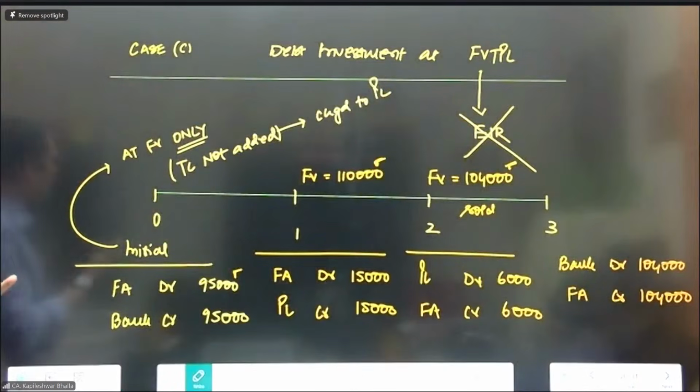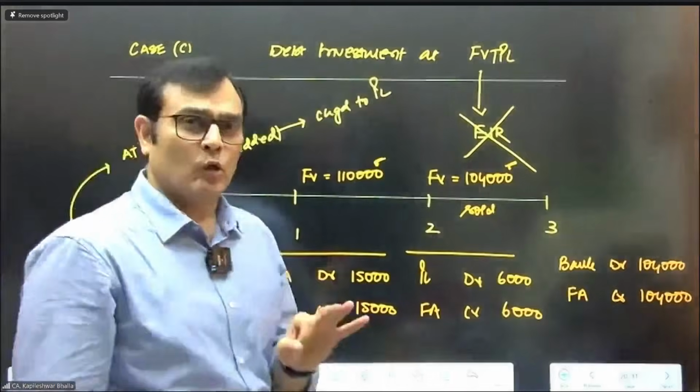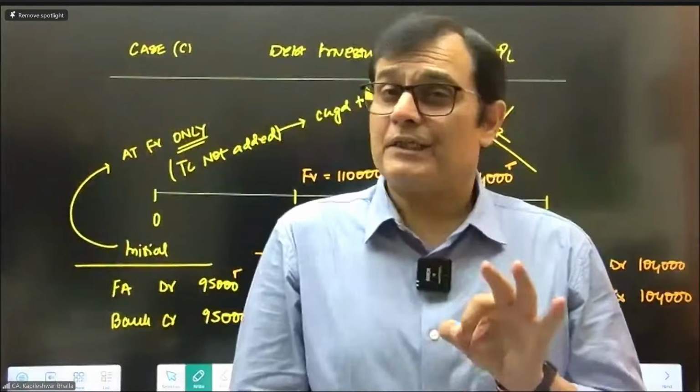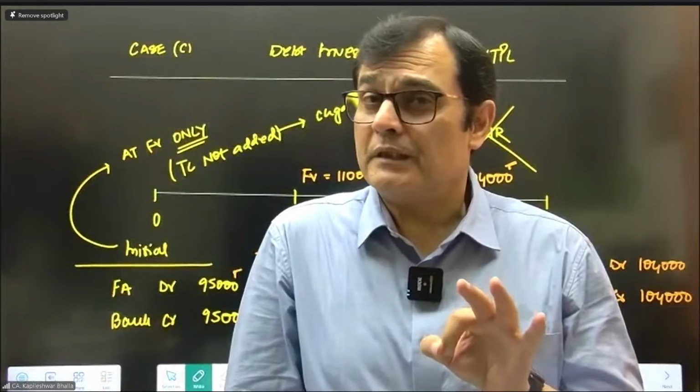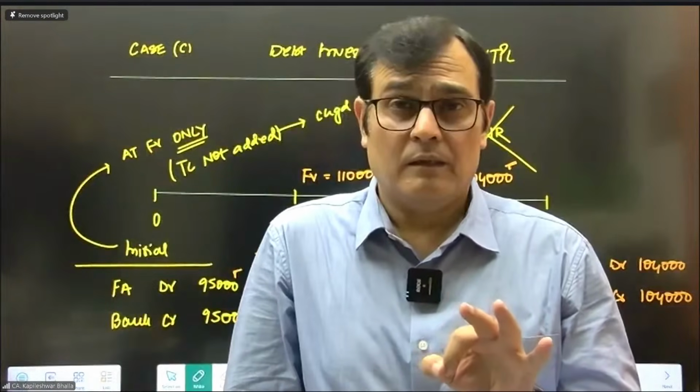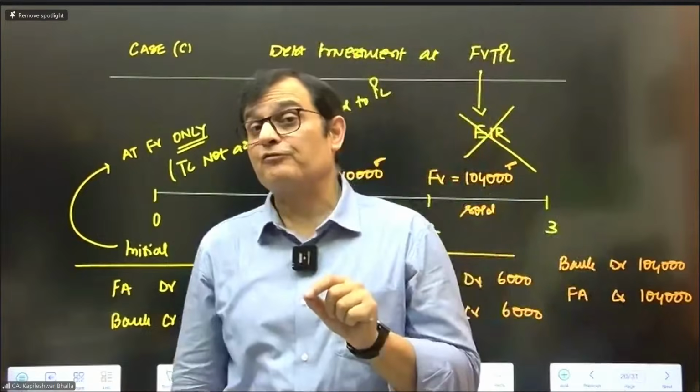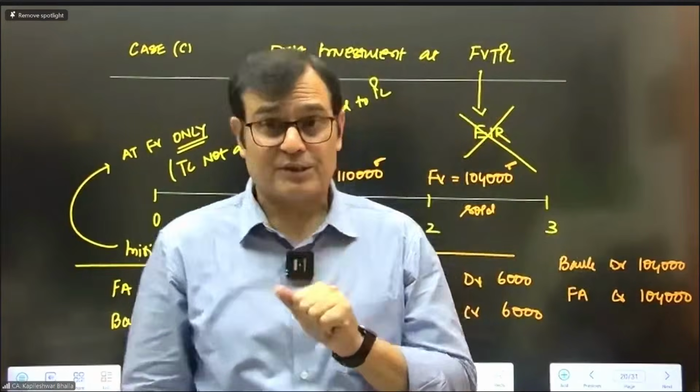And apart from this, you will also be capturing the interest income. Can I say 5,000 is the interest income which goes in the P&L? We're not using the concept of EIR. So are you going to capture that 5,000 in the P&L? Yes.